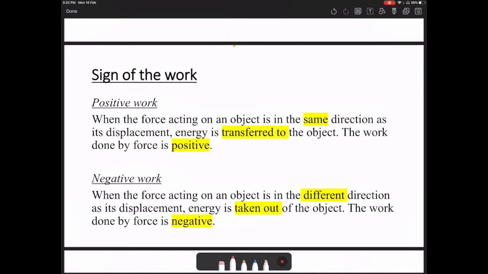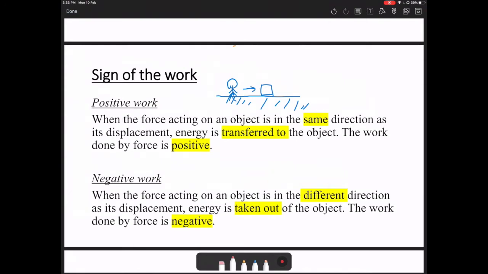Let me give one example. Suppose now I push a box to the right. Since I push the box and this box moves, that means I have done work to the box, right? And we know that work done equals the amount of energy transferred.